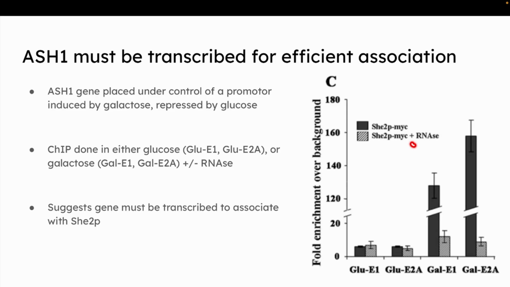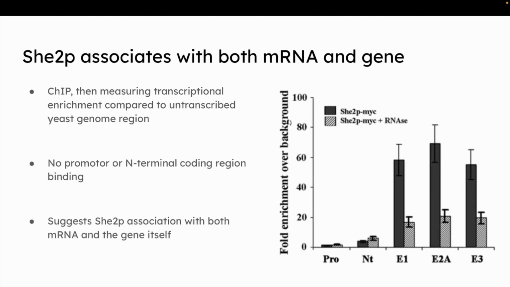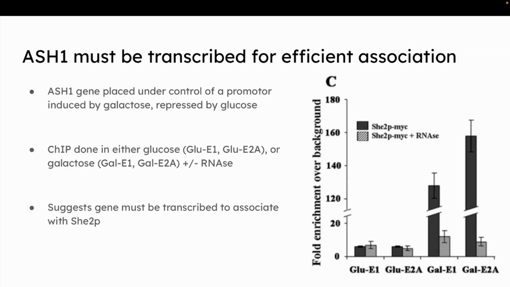That also just means our RNase works, our promoter thing works. But after you add galactose, there is a huge jump. So this supports what we saw up here, right? But now we confirm that yes, it binds to both mRNA and the gene itself, but clearly the mRNA is a lot more important.